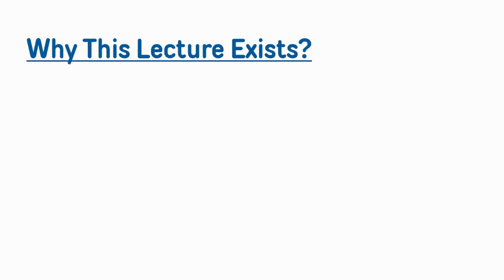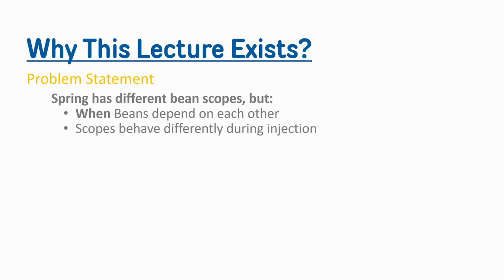First of all you will be thinking why this lecture exists. What was the problem? Spring has different bean scopes, one is the singleton bean scope and another one is the prototype bean scope.